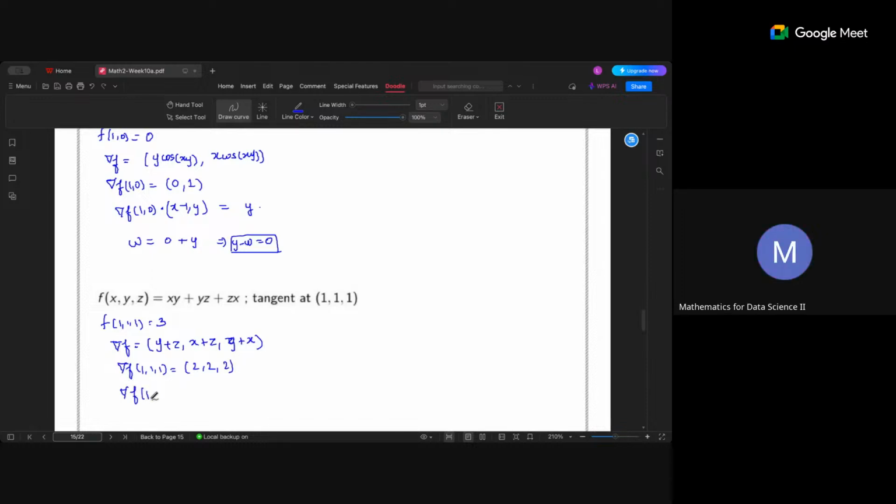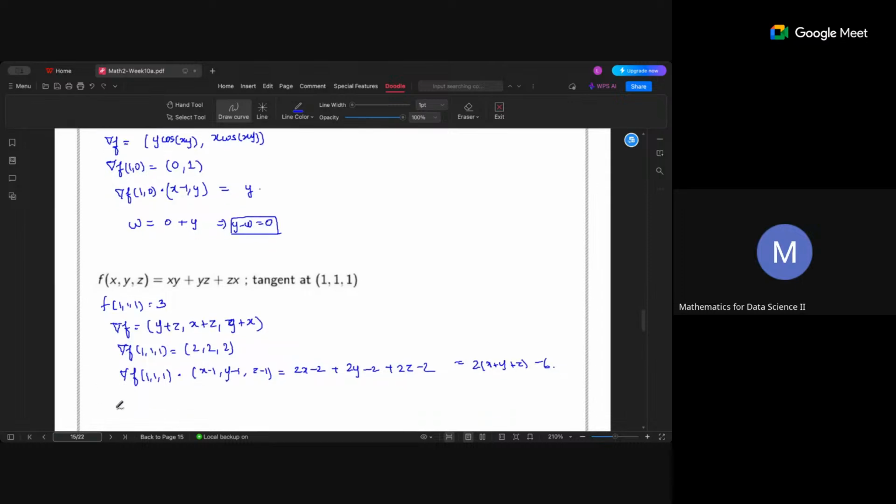So del f at 1 comma 1 comma 1 dot product with (x minus 1, y minus 1, z minus 1) is 2x plus 2y plus 2z minus 6, so 2 times (x plus y plus z minus 3), right? So now what is your w then? 3 plus 2(x plus y plus z minus 3).